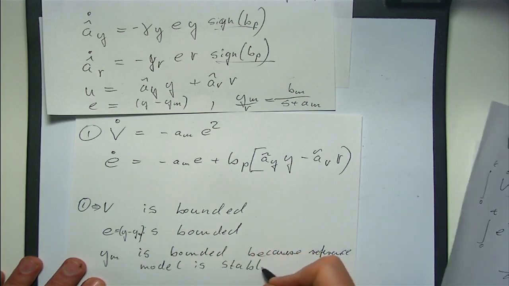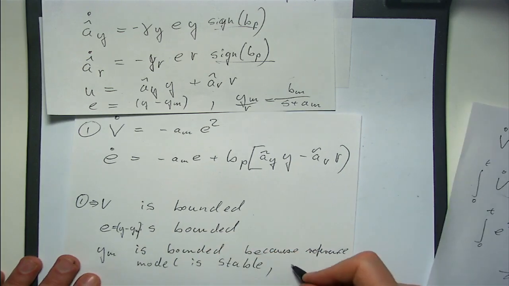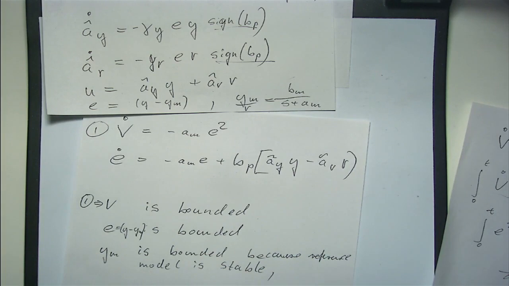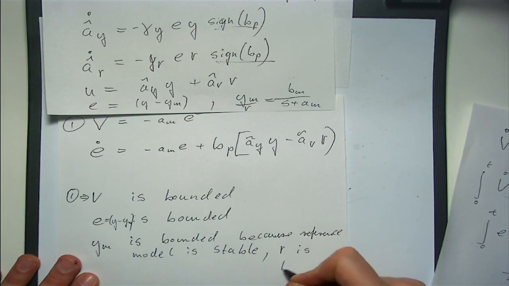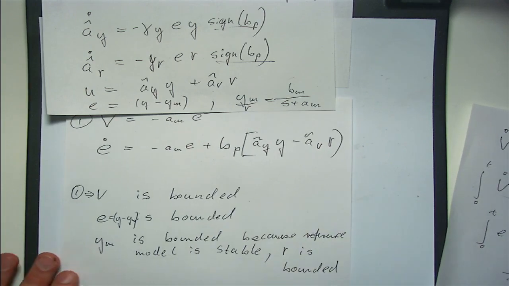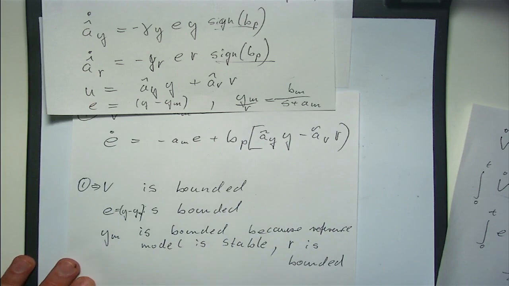Right? And we should always choose a bounded R ourselves. Why would we choose anything else than a bounded R, isn't it? It's our choice. Yeah? So R is bounded. So that means Y is bounded.